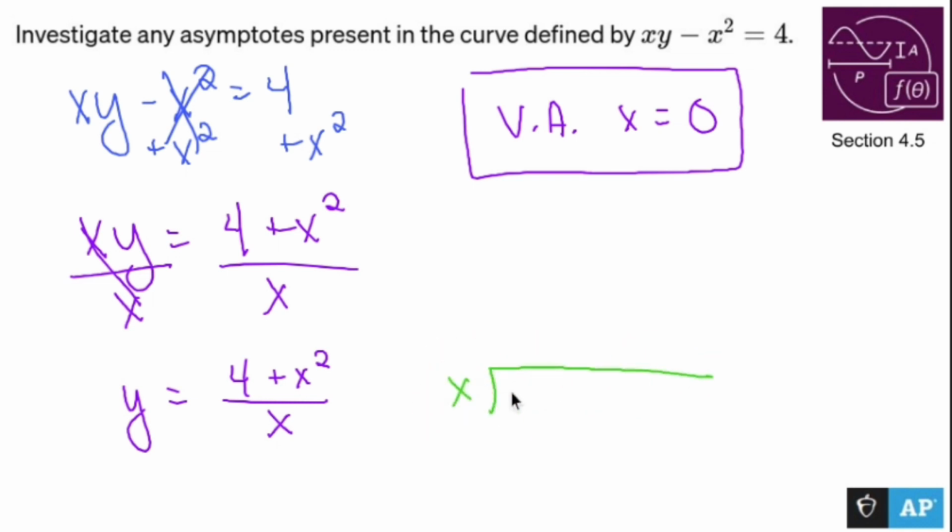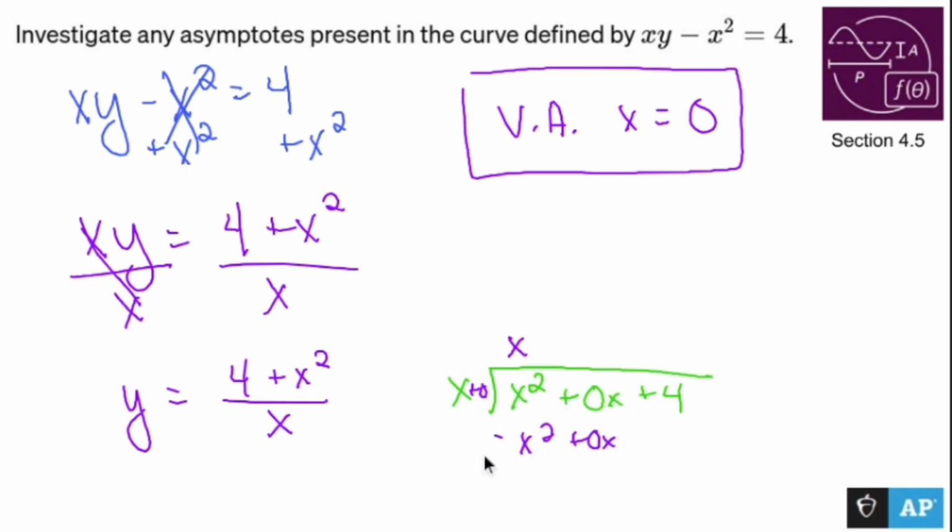So x divided into x squared plus 0x plus 4. x times what is x squared? x times x is x squared, and x times 0 is 0, so plus 0x.